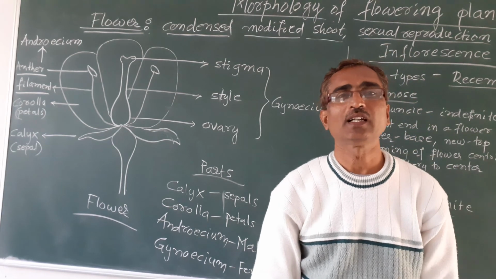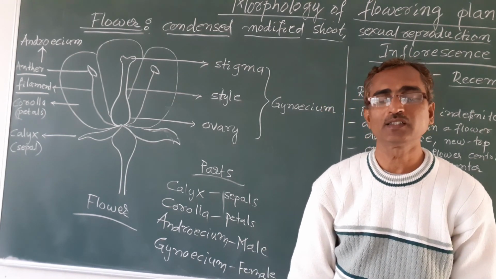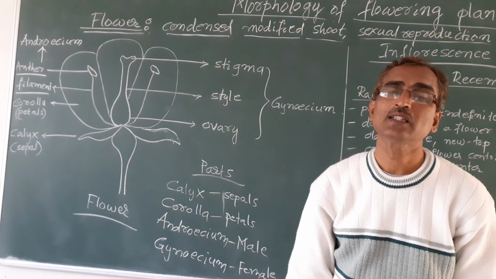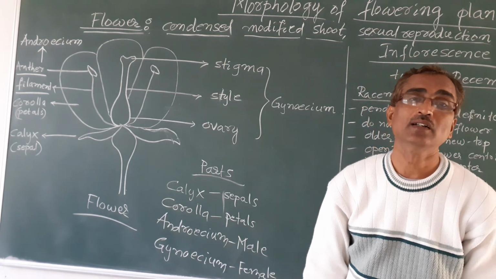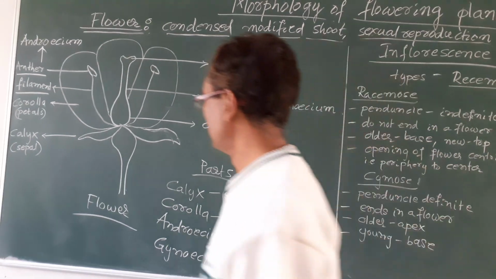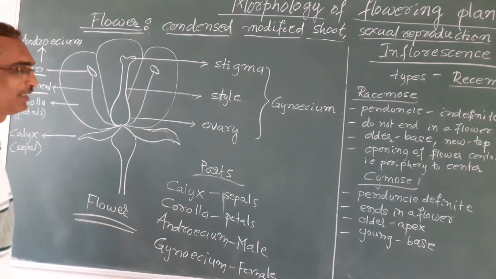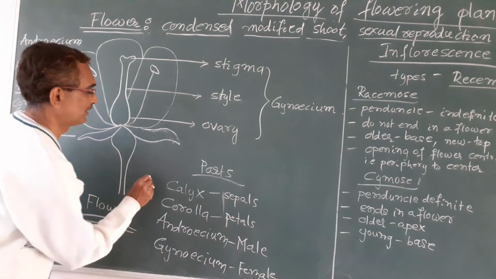So let us get familiar with the flower and its parts. You have already learned these things in your lower classes. Still, let us have a recap. So this is the flower structure, and a flower mainly contains four parts.